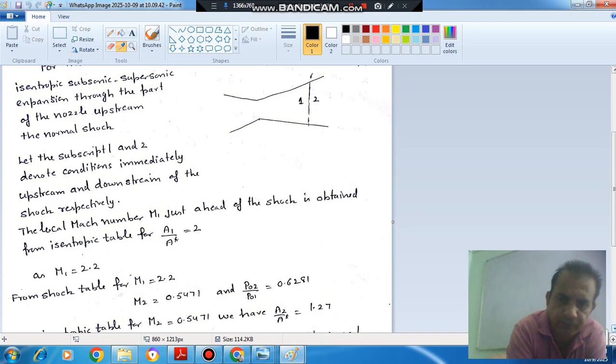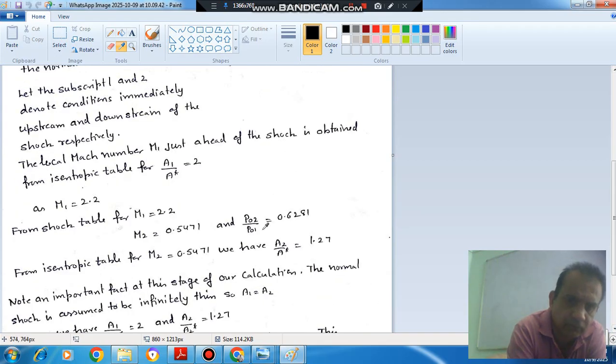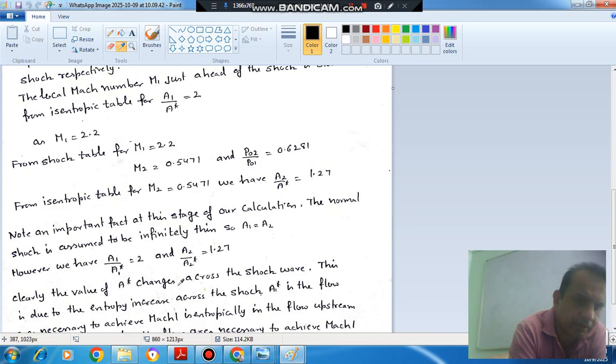So for this part we will take A star as A1 star, and for the part after shock we will take A star as A2 star. Now we can write A1 by A1 star as 2 and A2 by A2 star as 1.27.